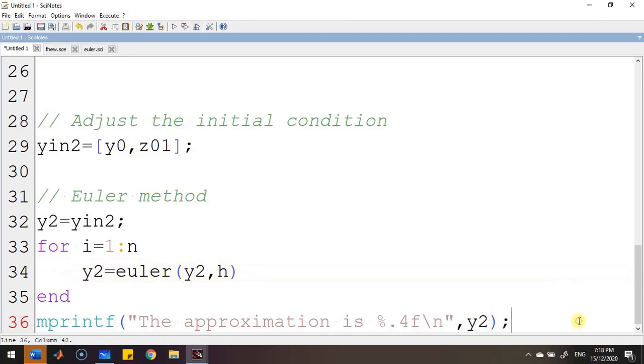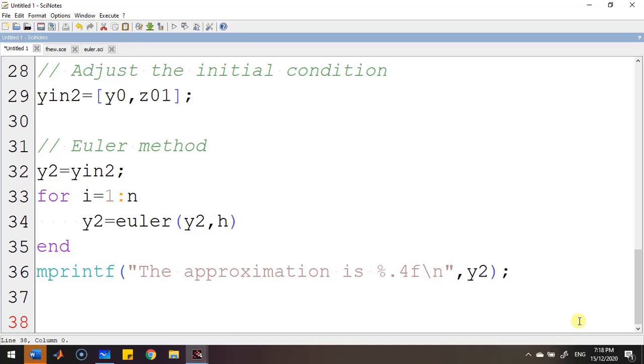Now I have two solution approximations, so I'm going to use a linear polynomial.